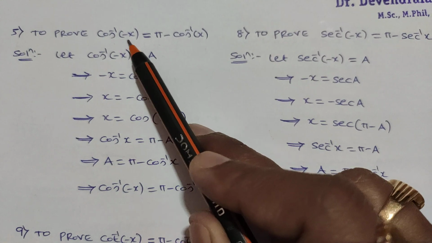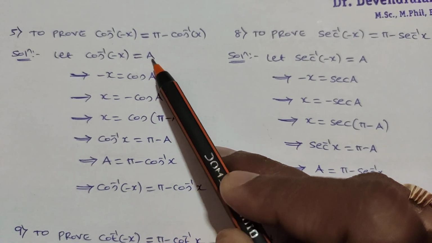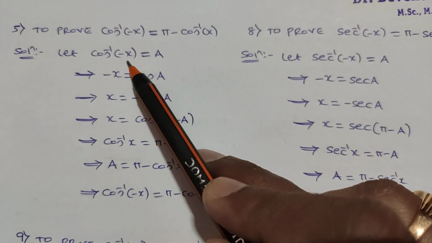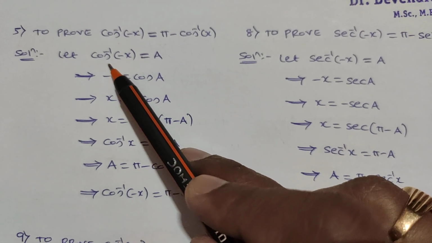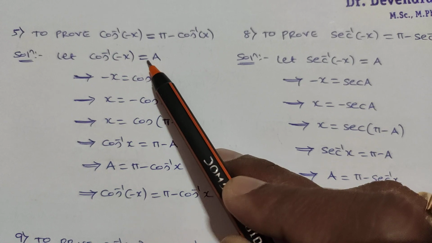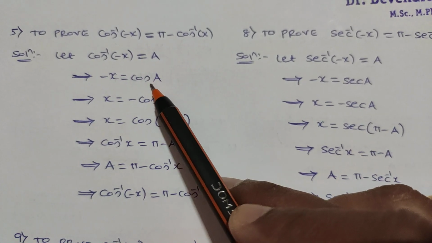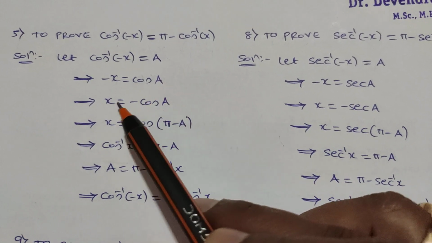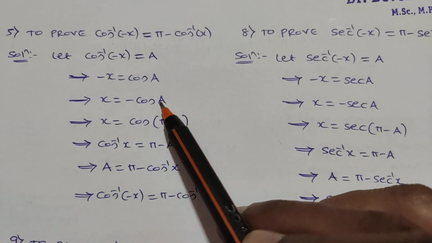Here also we consider the left hand side term as a, that is cos inverse of minus x is equals to a. Minus x value will be, when we consider inverse trigonometric function towards right side, it will become trigonometric. Therefore minus x value will be cos of a. X is equals to minus cos a.